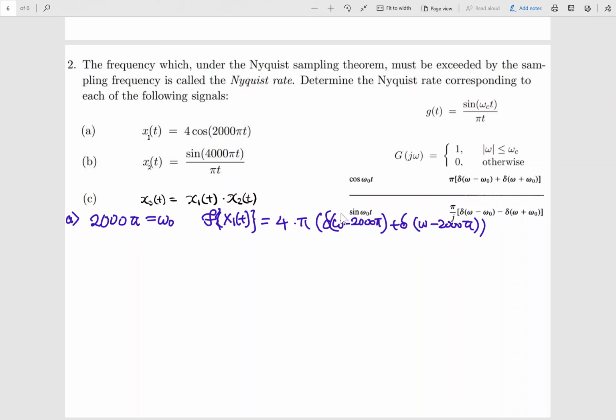Is this supposed to be plus? Yeah, it's plus 2000 for the second term. Oh yeah, you're right.